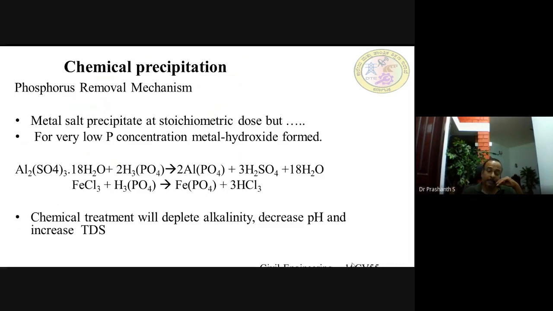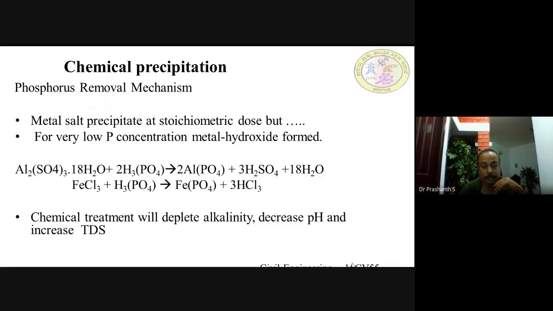Then we can add FeCl3 also, another metal salt. It reacts with phosphates to form FePO4 plus HCl. See, in the chemical treatment, sludge is produced, which is really difficult to handle because of the huge amount.